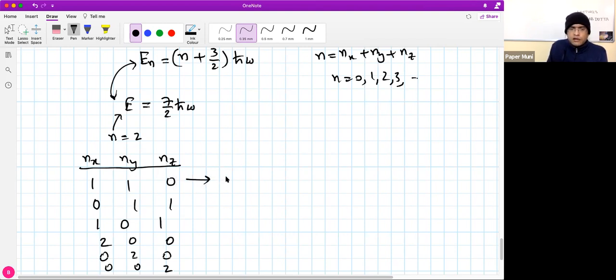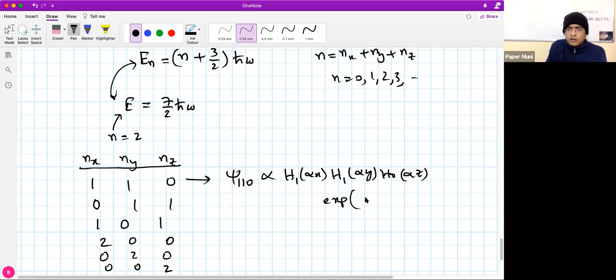So if you try to write down the wave function from here, for 1 1 0, this is proportional to H1 of alpha x, then H1 of alpha y, and for alpha z, because it's 0, the polynomial is 1, and the exponential part will be exponential of minus alpha times x square plus y square plus z square.